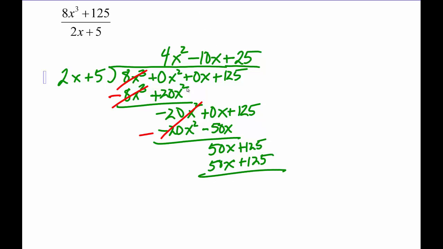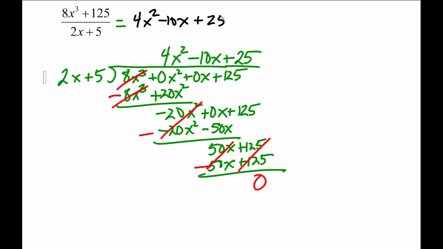And finally we subtract again, and both terms subtract out, so we get a 0 remainder. And what that means is that this is the quotient of our division. Okay, so our answer to this division is 4x squared minus 10x plus 25.